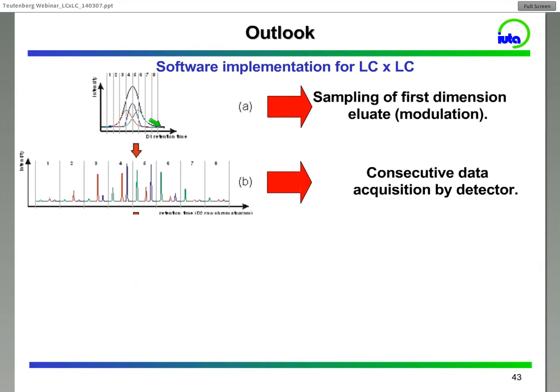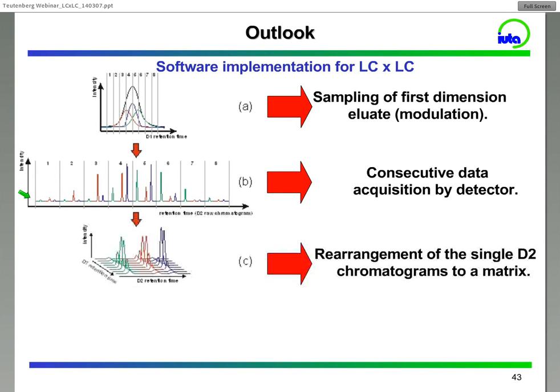Actually, the detector only sees one raw data file, so there's a consecutive data acquisition by the detector in one raw data file. And then we have to make a rearrangement of the single D2 chromatograms to a matrix, so that we have this two-dimensional plot I've shown you before with the retention time of first dimension, retention time of second dimension, and of course the intensity.